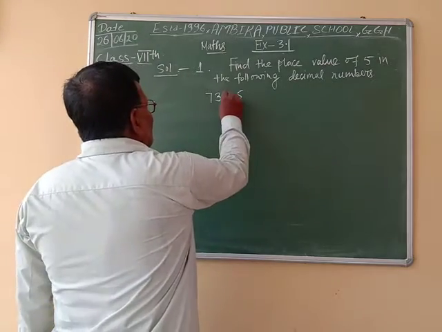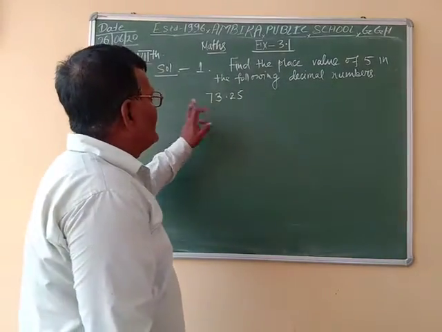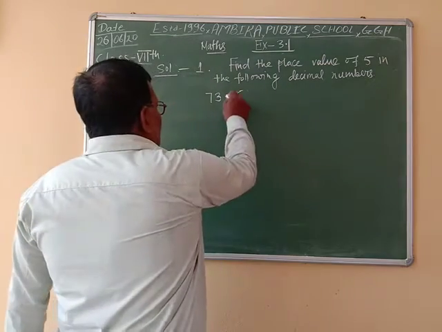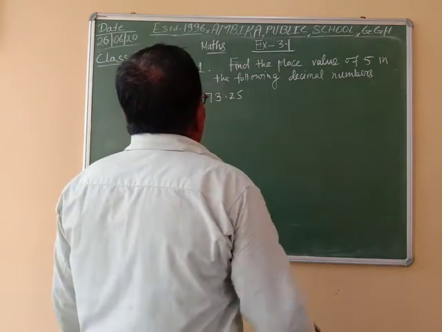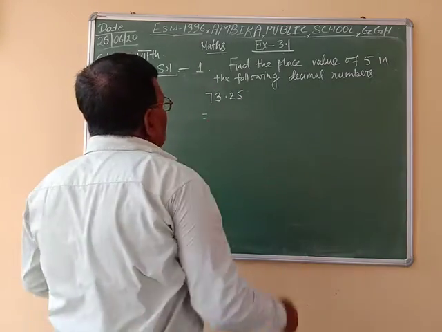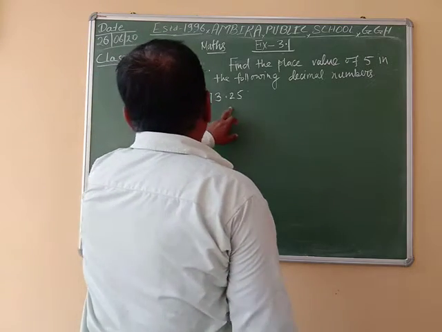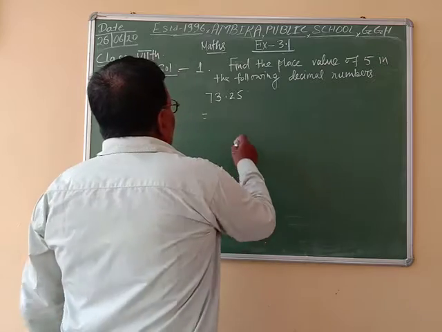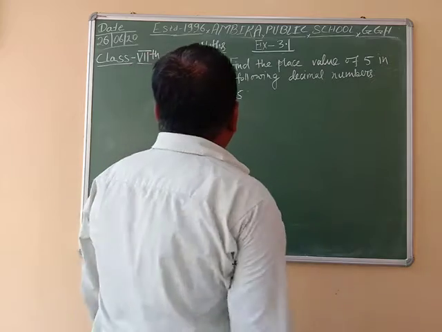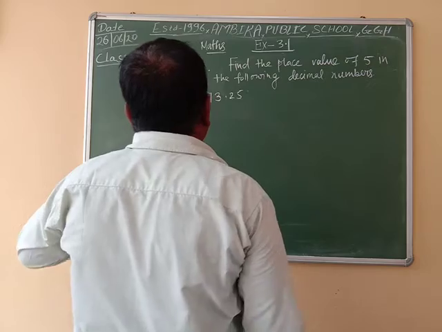73.25. Here we see that integral part of this number is 73 and decimal part is 0.25. We have to find the place value of 5. We see that digit 2 is at tenth place of this number, and 5 is at hundredth place of this number, 73.25.